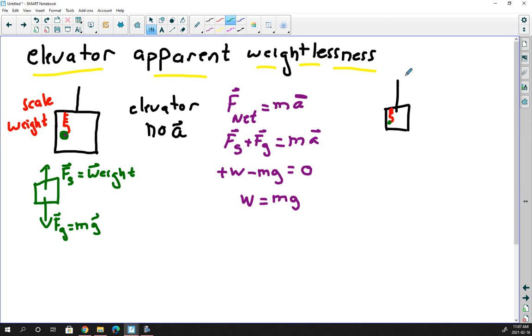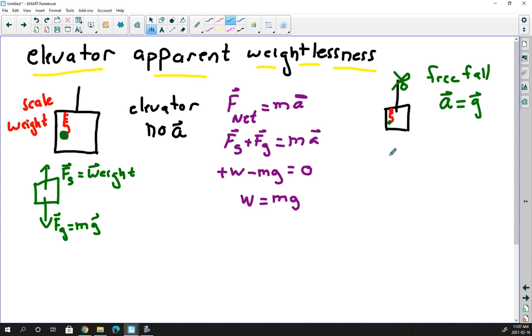But now Wile E. Coyote knows that the Roadrunner's in here and is going to cut the elevator cable, I should say, so that the whole thing falls in free fall. That means the elevator, the scale, the object hanging off the scale, they all have an acceleration, which is, you guessed it, the acceleration due to gravity.